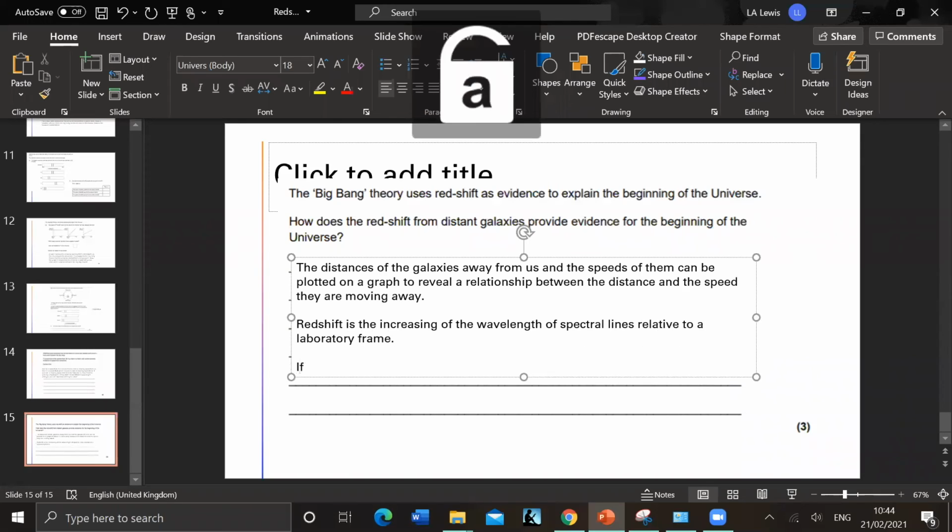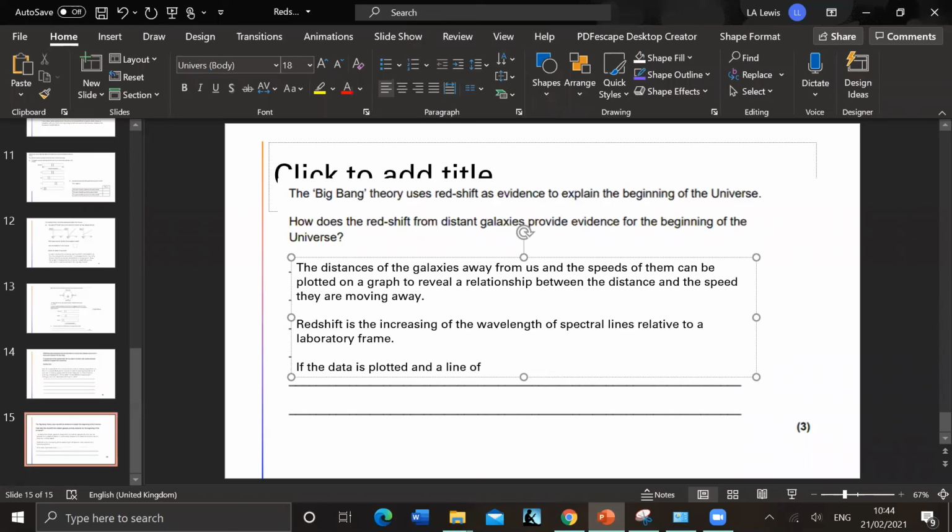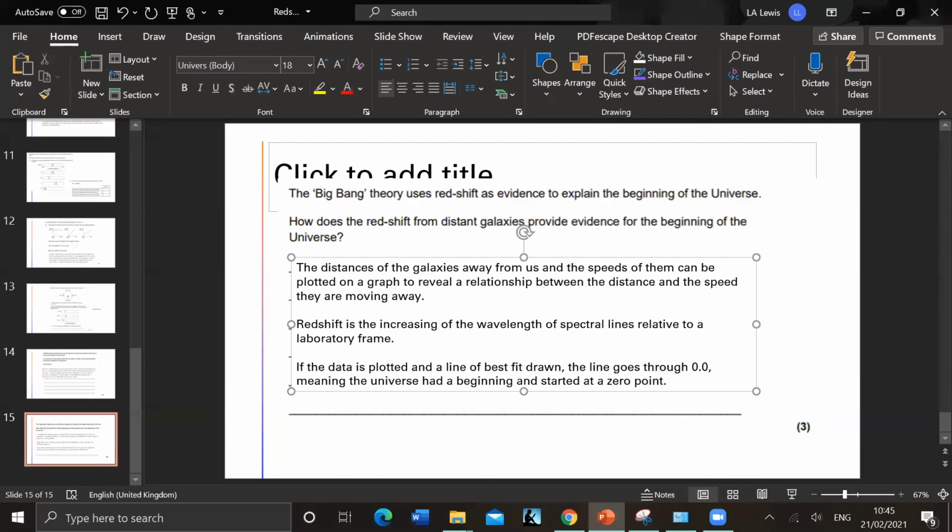So if the data is plotted and a line of best fit drawn, the line goes through 0, 0, like we said before, meaning the universe had a beginning and started at a 0 point. So you need these 3 things to get the 3 marks.